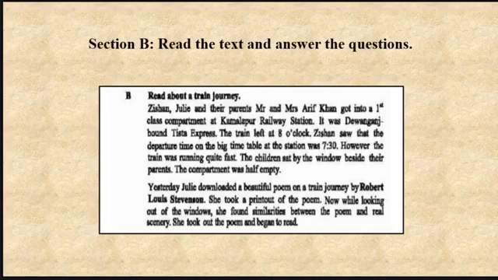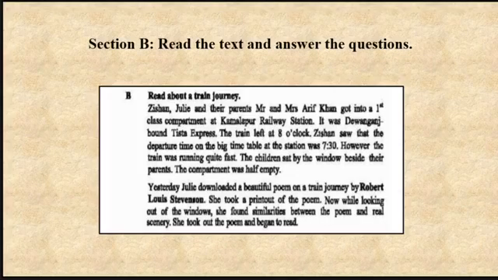That means in a train there are compartments, and they booked a first class compartment. The train was going to Devanganj, so you can say it was a Devanganj-bound train. Devanganj-bound means the train was going to Devanganj.